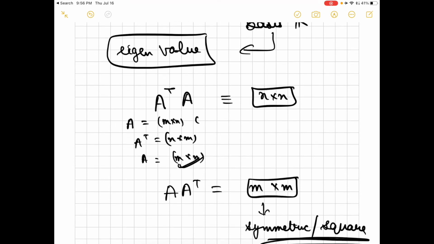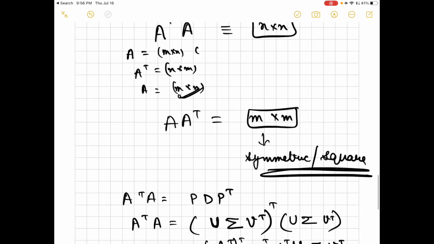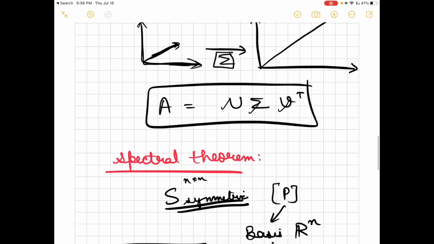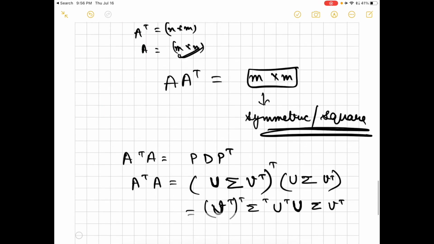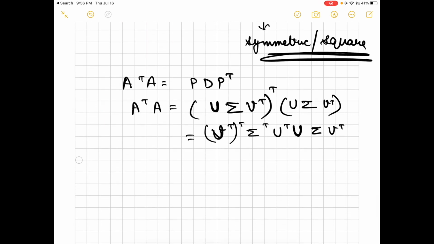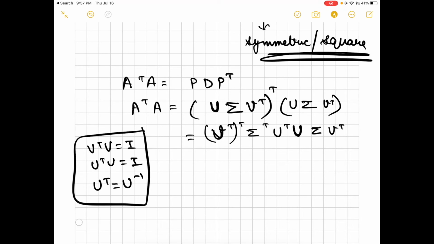Also, when we talk about specifics of SVD, the SVD theorem also states that U and V are going to be orthogonal matrices. Guaranteeing that these are orthogonal matrices would mean that V transpose V equals the identity matrix as well as U transpose U equals the identity matrix, because U transpose equals U inverse if we are talking about orthogonal matrices.